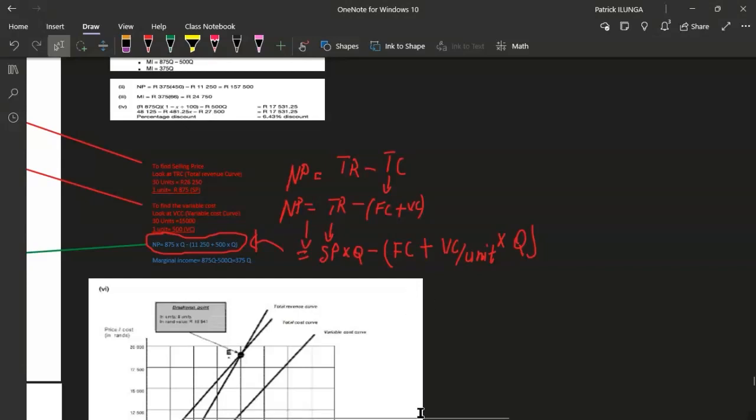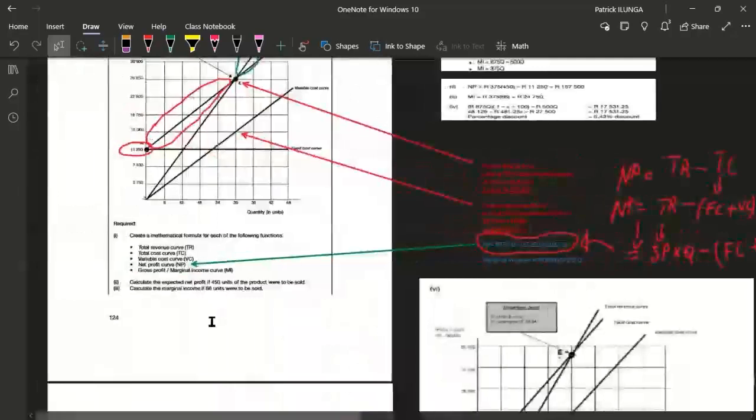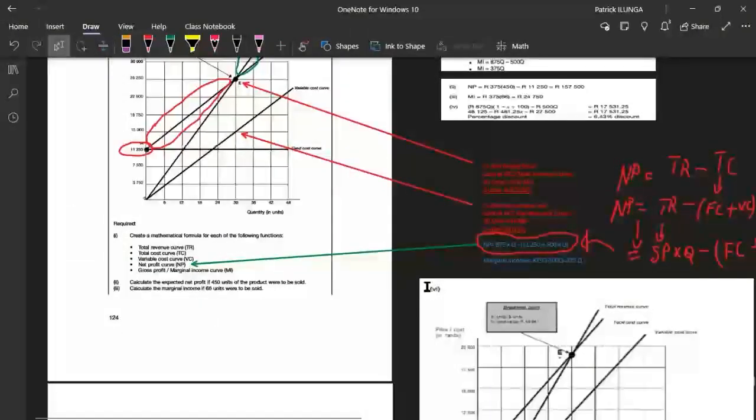So basically, that speaks to the actual question that we have here, because the question says, create a mathematical formula. By this you can now create your own mathematical formula. For example, for quantity you don't need to put Q. You could say X, it doesn't matter, as long as you know that's the unknown part that needs to be provided to you.